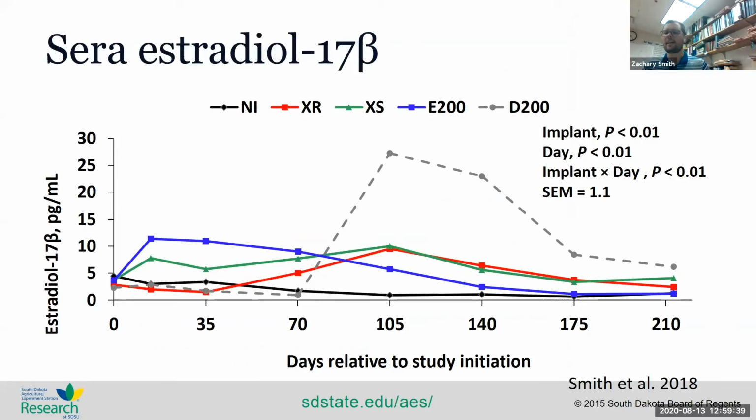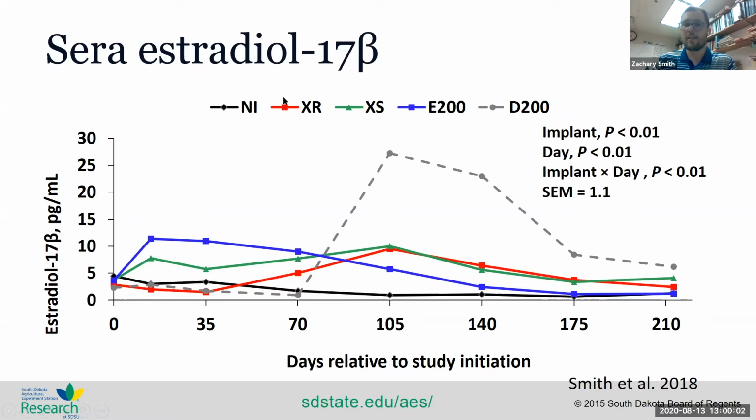So we think about just what happens biologically in regards to the use of an implant. This is some work that was published by myself and Dr. Johnson during my dissertation. We got some 600-pound weights, fed them for 200 days, no implant.